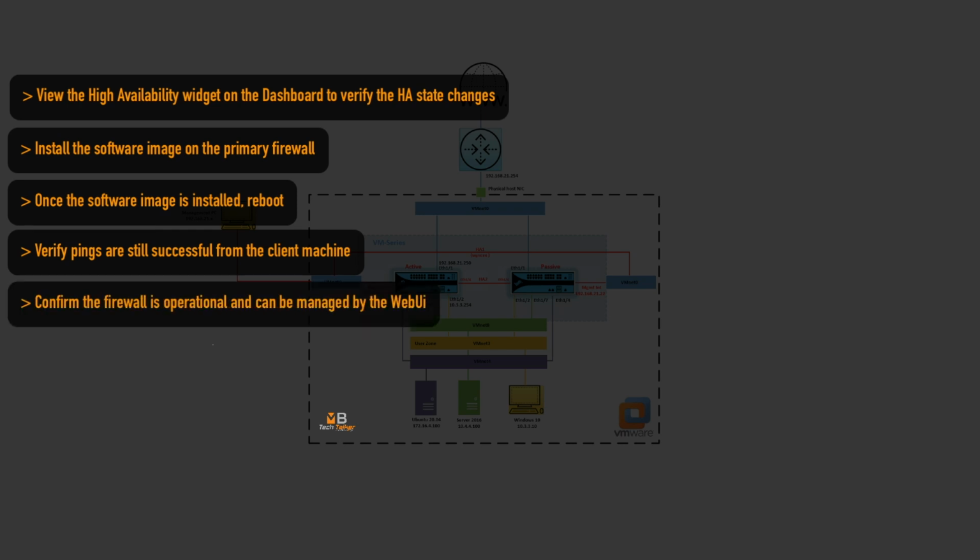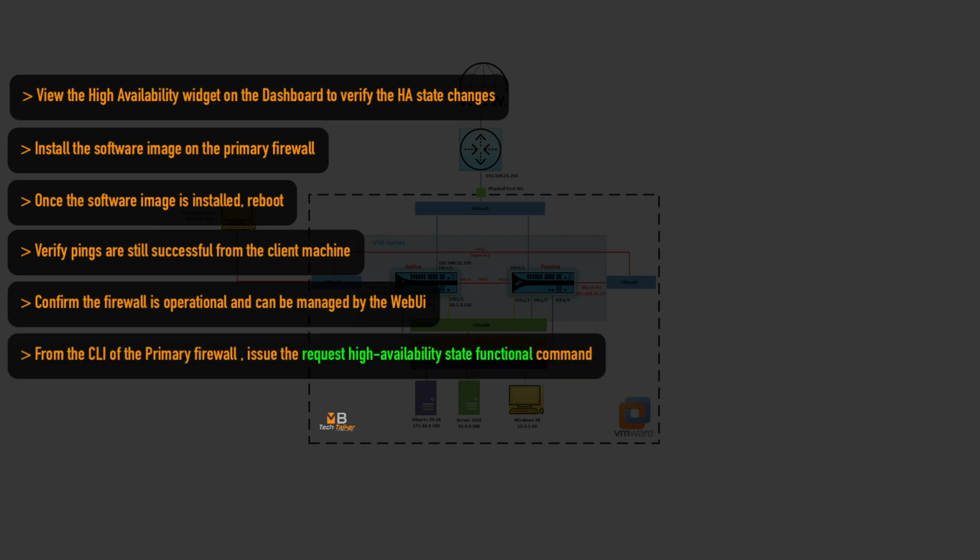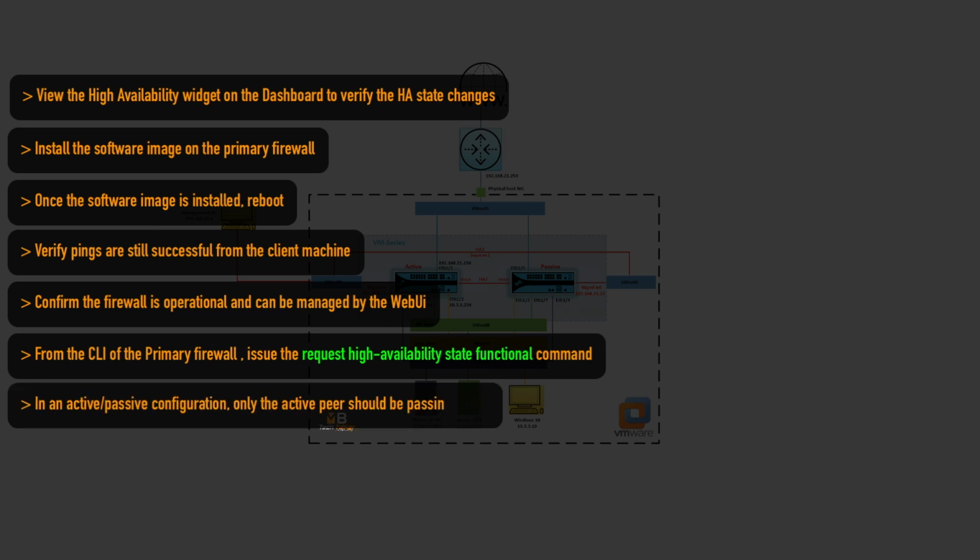Then we need to confirm that the firewall is operational and can be managed by the web UI. Then from the CLI of the primary firewall, we're going to issue the request high-availability state functional command. So in an active passive configuration, only the active peer should be passing traffic. And then we're going to re-enable preemption.